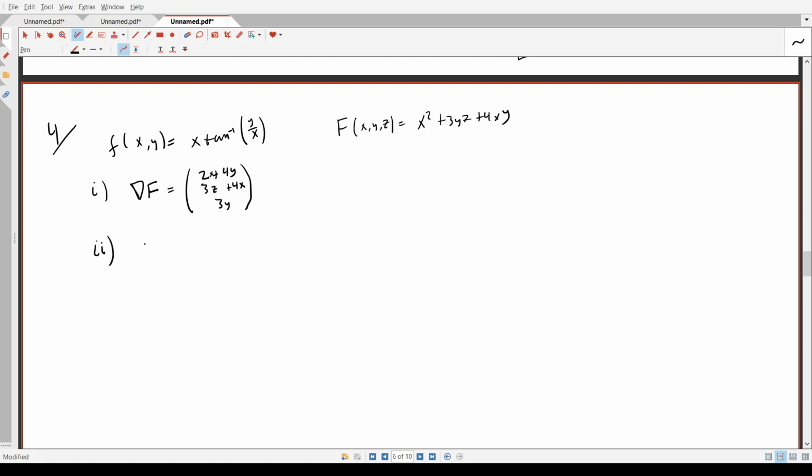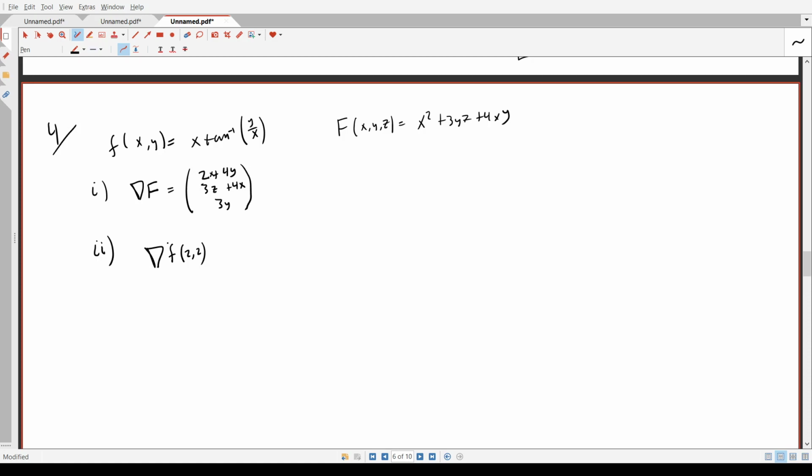Determine the direction in which little f is increasing most rapidly at the point 2, 2. It's decreasing most rapidly. Okay, so this is slightly different than the other reviews where it was asking about increasing, but it's not any different. The direction that I want is the direction of the gradient at the point 2, 2.